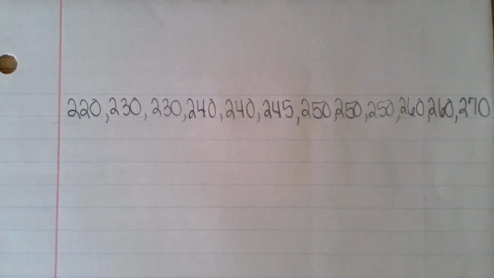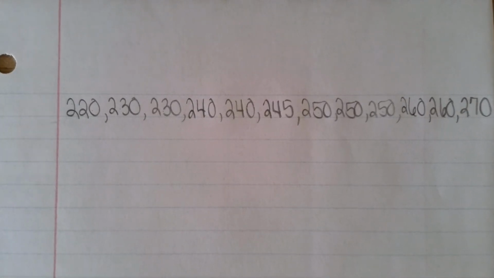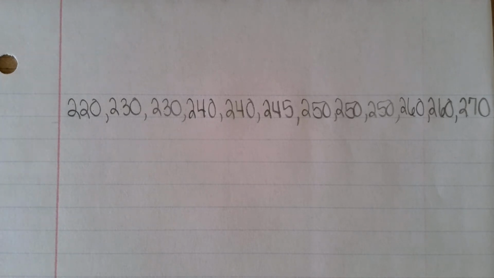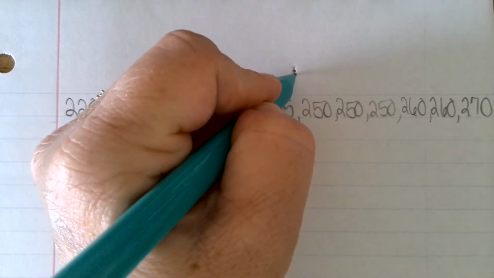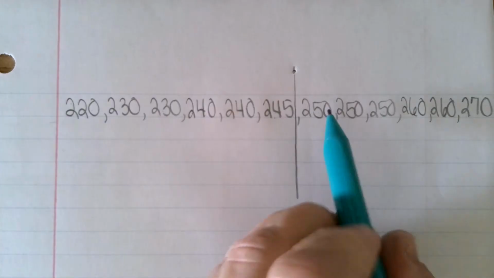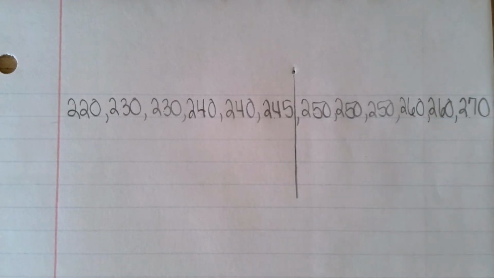All right. So this is an even set of data. That means it's going to be able to divide evenly into 2 groups of 6.